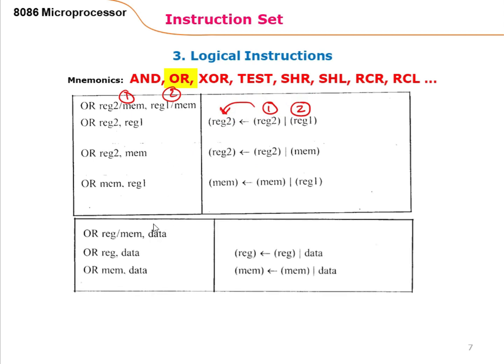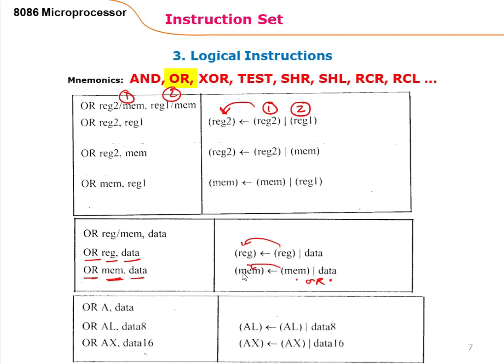We can use immediate data also. We can OR the value of a register and data and the result will be stored in the register, or we can use the OR operation on memory and data. The contents of memory and data are ORed and the result is stored in the operand memory location.